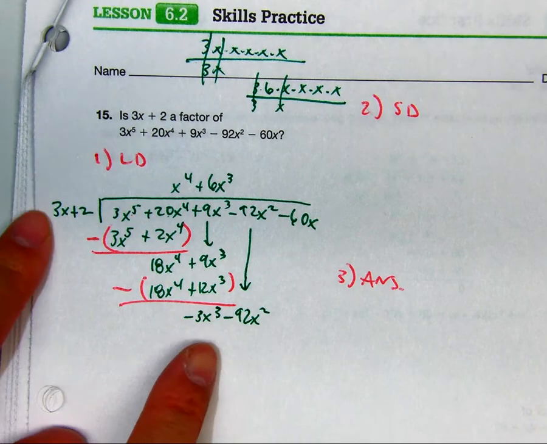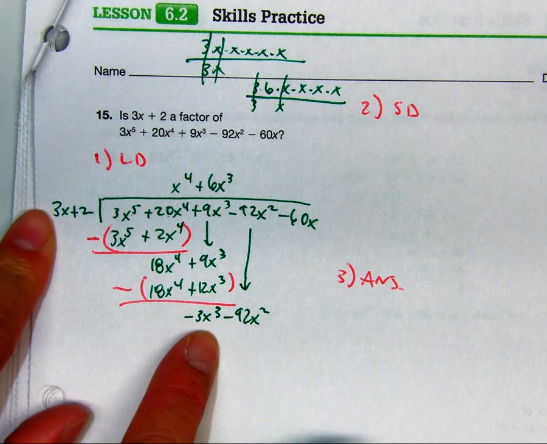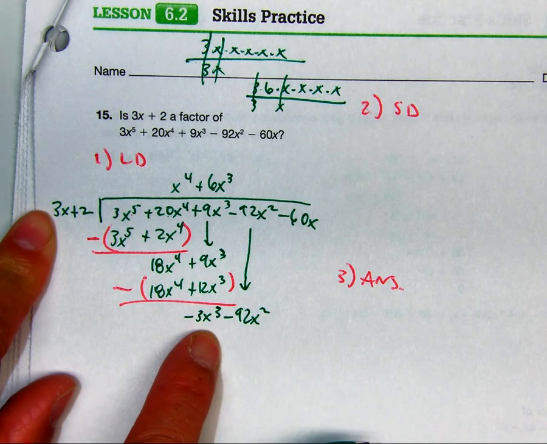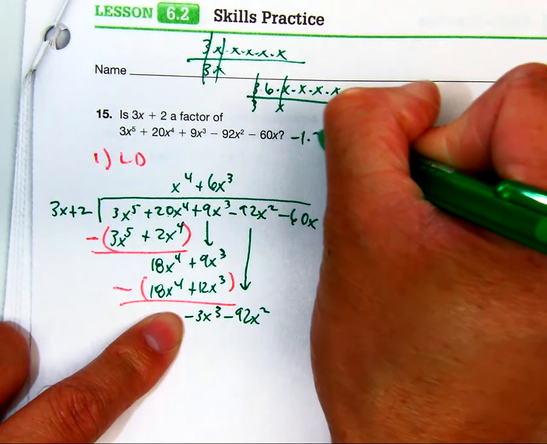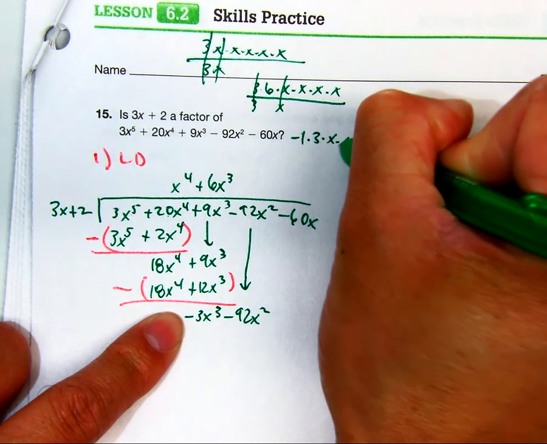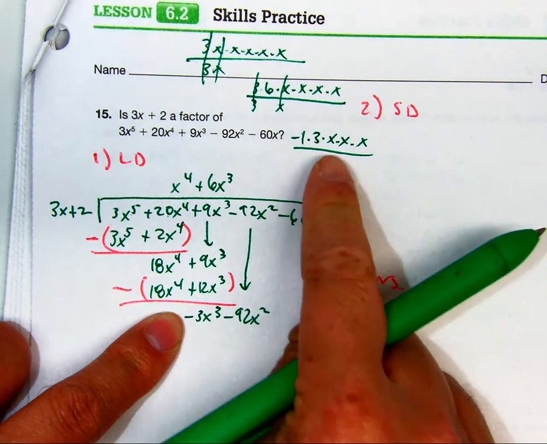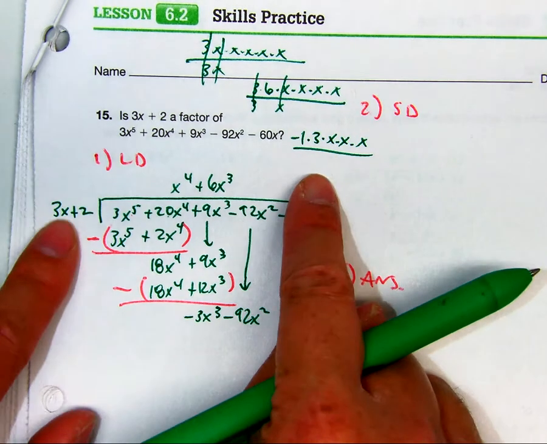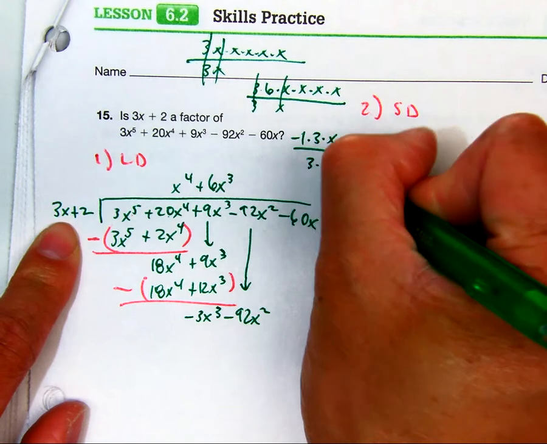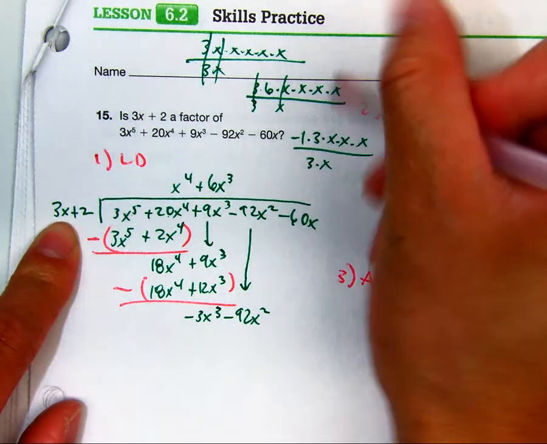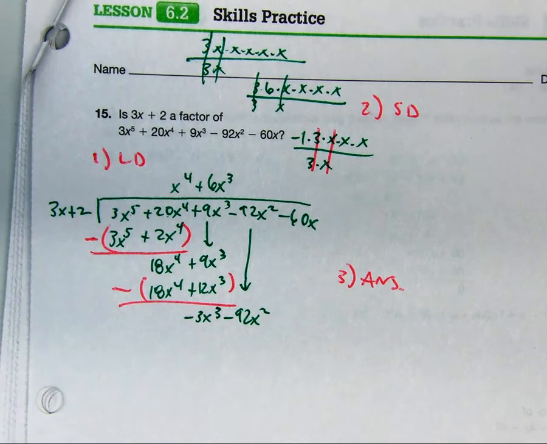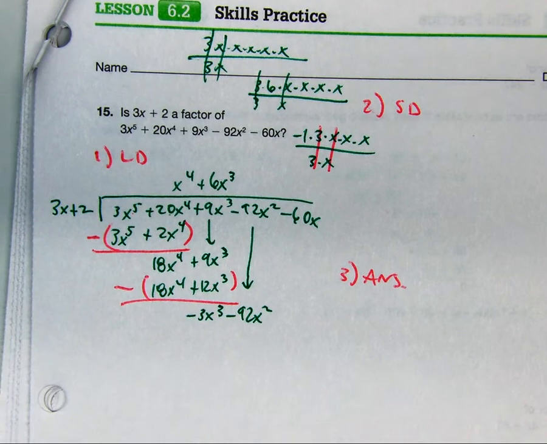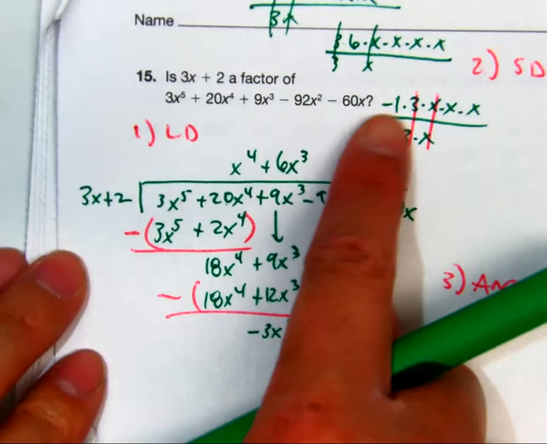Class, how many times is 3x going into negative 3x cubed? Remember, if you get confused, you can write out the factors like I'm doing here. And then 3x, cancel out. And we're left with what? Negative x squared. Do you guys see that one?